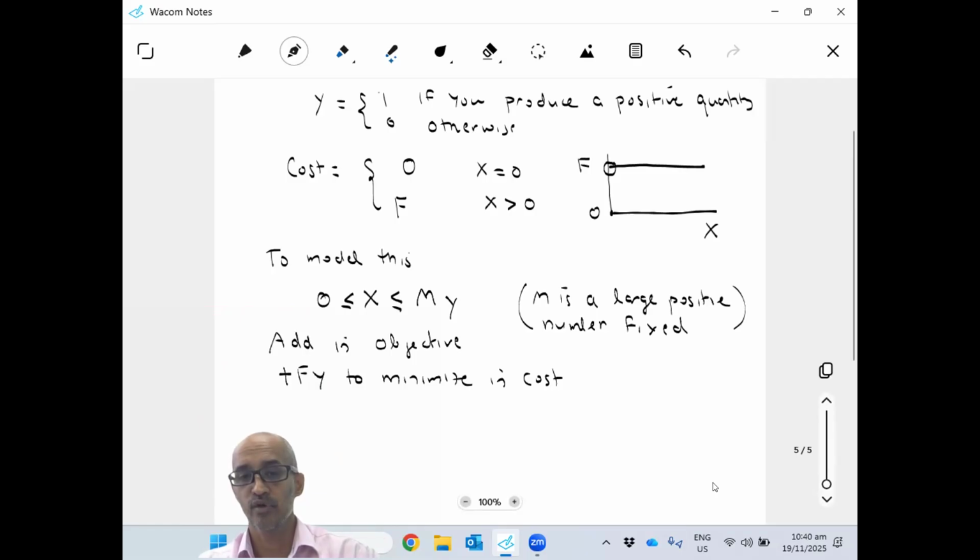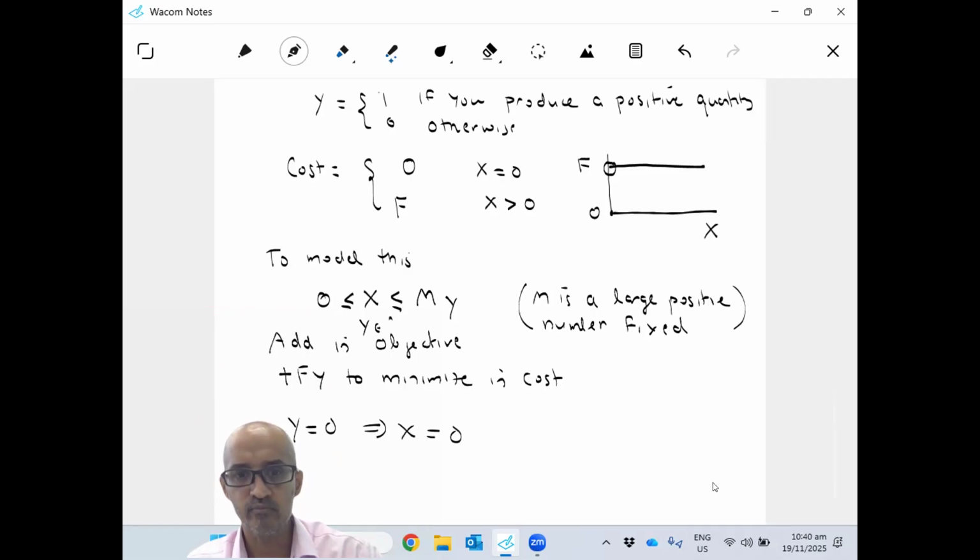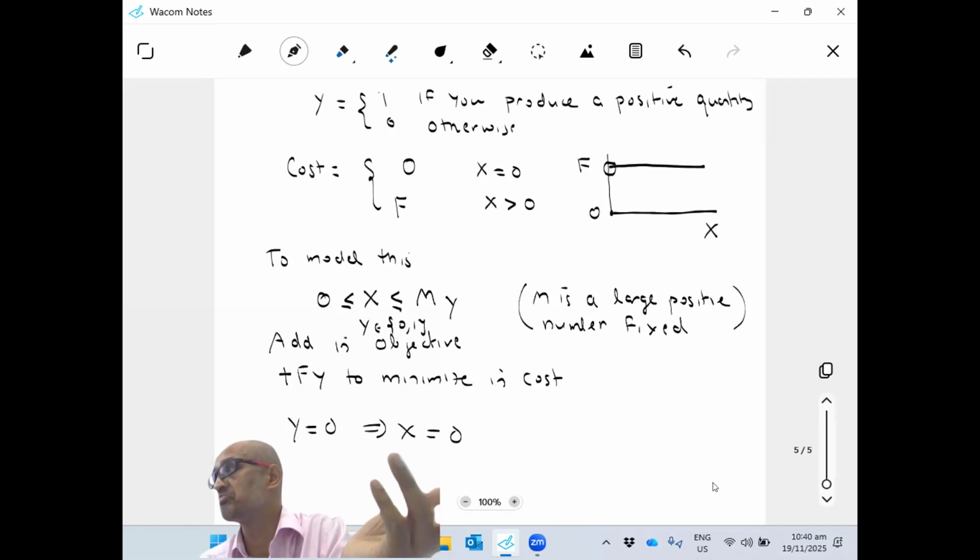When Y is 0, it will force X to be 0 from this constraint. I should have said here, Y is binary. All of this works because Y is binary. So when Y is 0, X has to be 0.